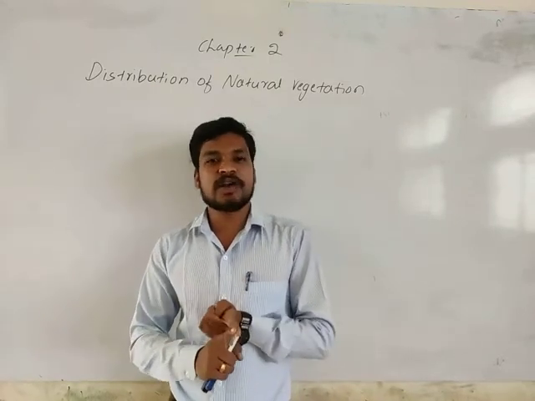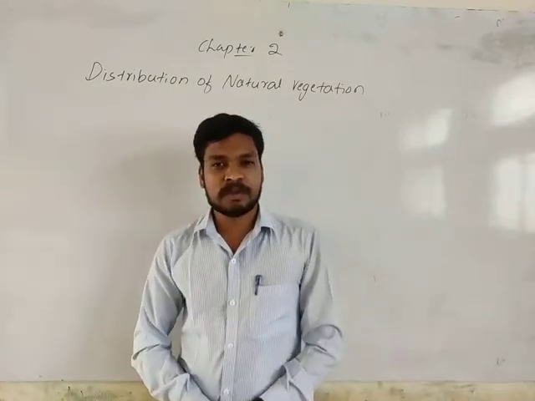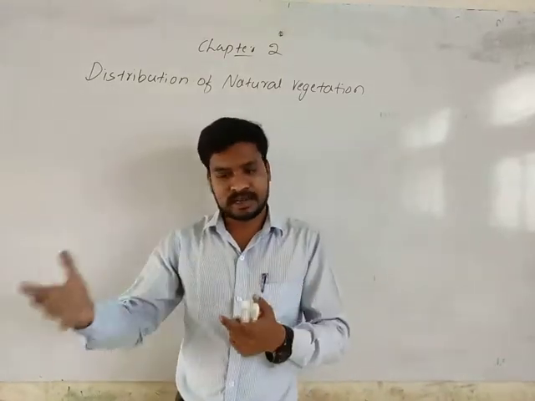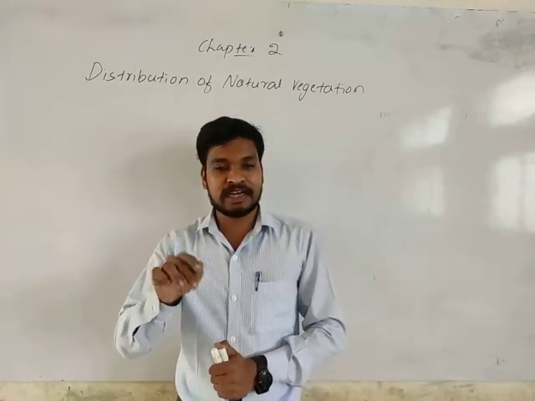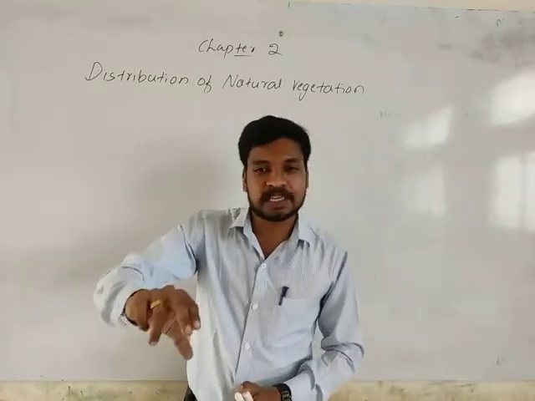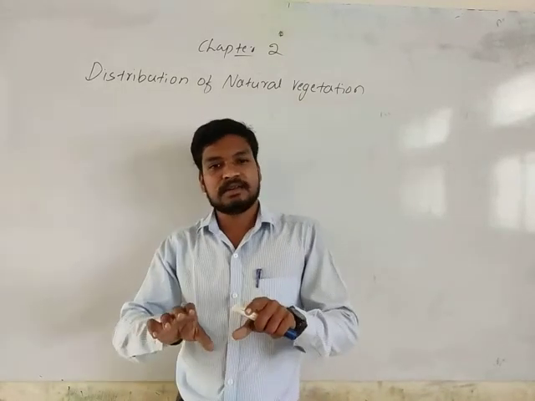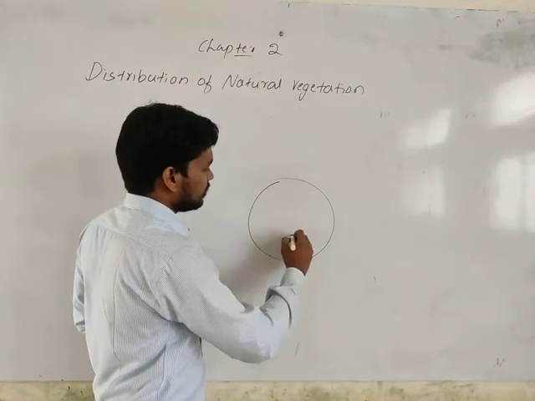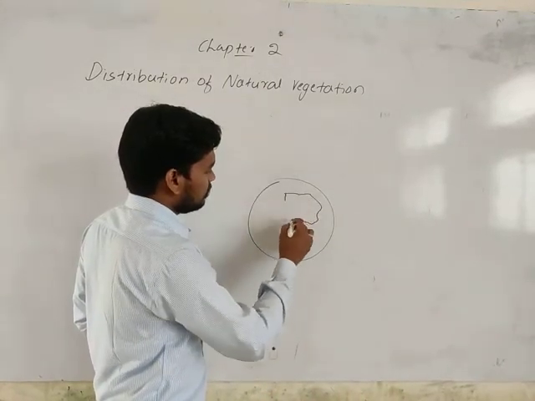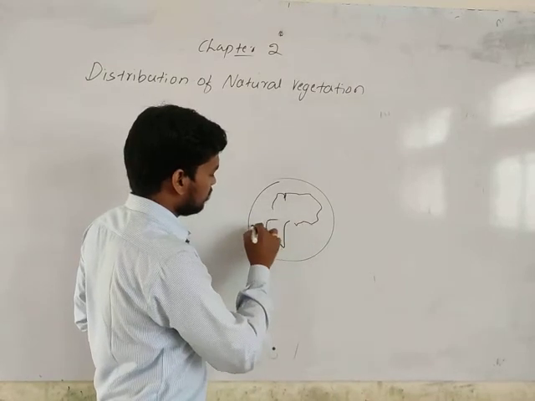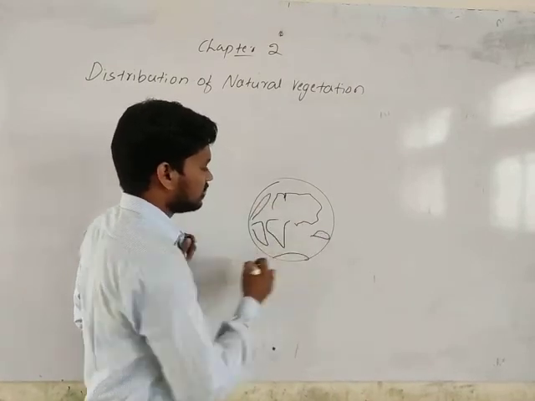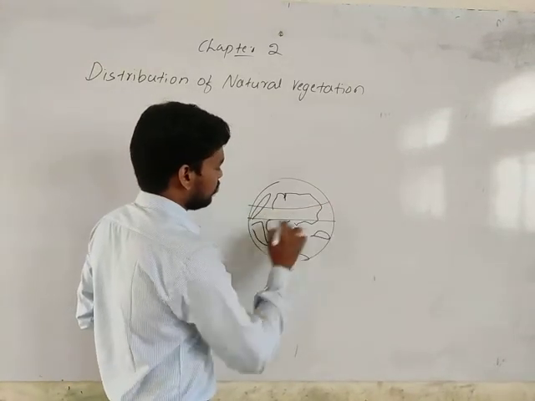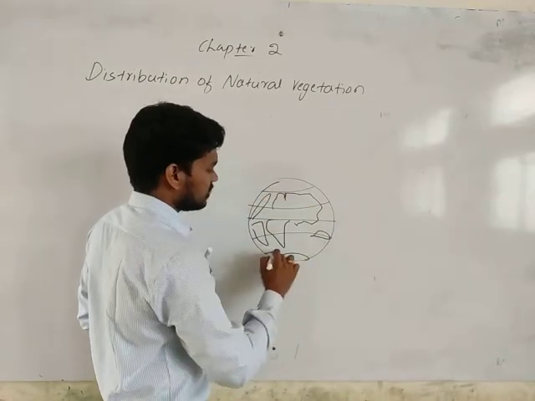Forest has covered more land surface than any other because most of the land lies in the temperate zone. On the earth's surface we have 30% land, and most of the land mass lies in this region. For example, suppose it's a globe: here we have Asia, Europe and Africa, then South America, North America, Australia, Antarctica. Here are the equator, Tropic of Cancer, Tropic of Capricorn, Arctic Circle and Antarctic Circle.